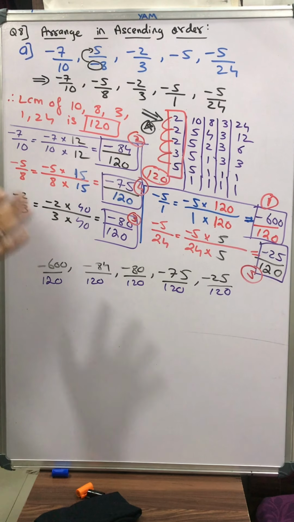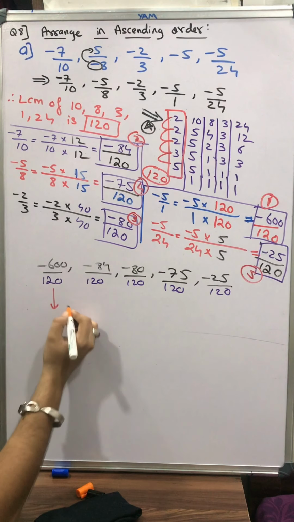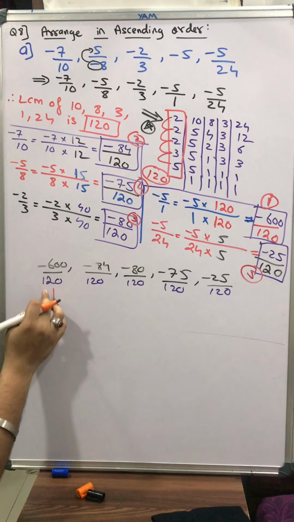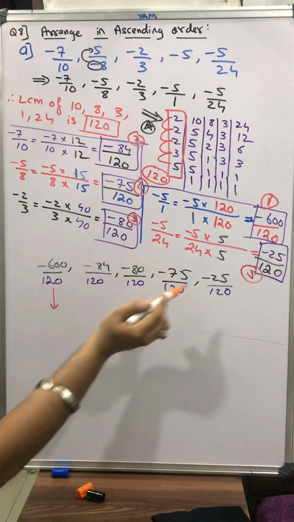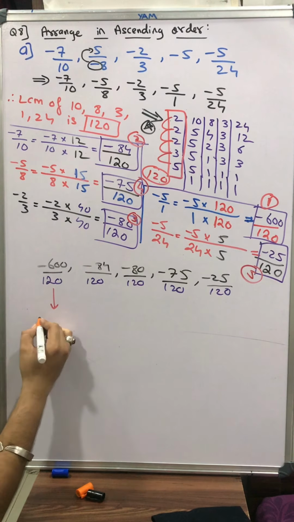Now students, this cannot be your final answer, as I told you. You have to write it in the original form. Minus 600 upon 120 is not our original question. From where did you get minus 600 upon 120? We got it from minus 5 upon 1, so only minus 5. Then minus 84 upon 120, from where did we get it?